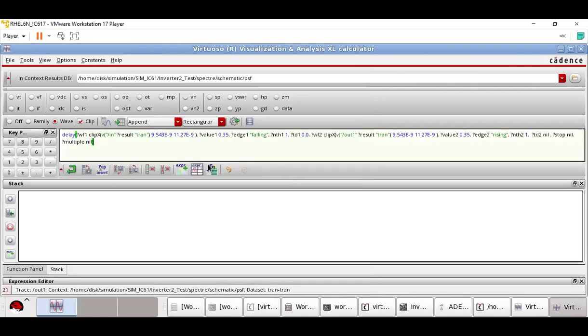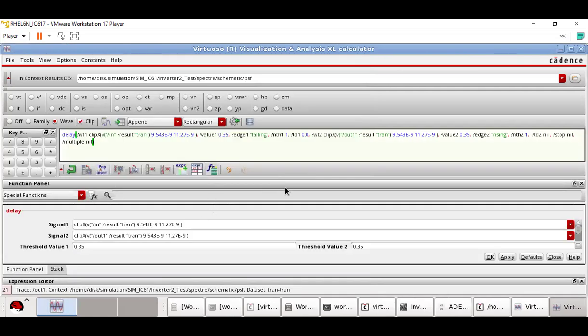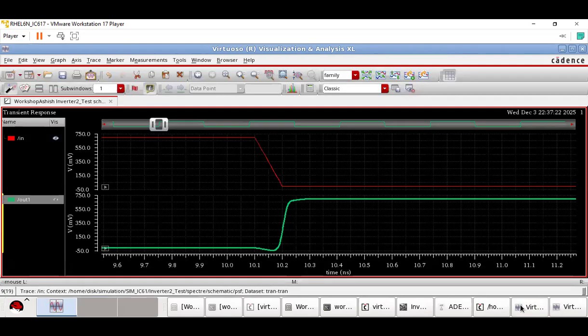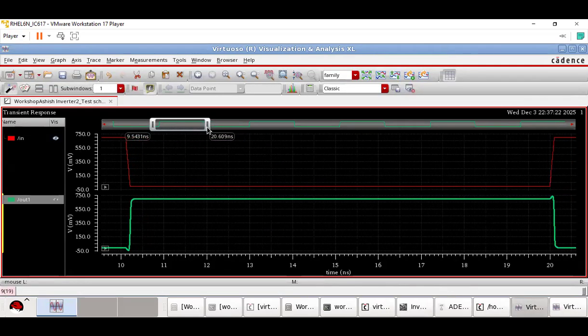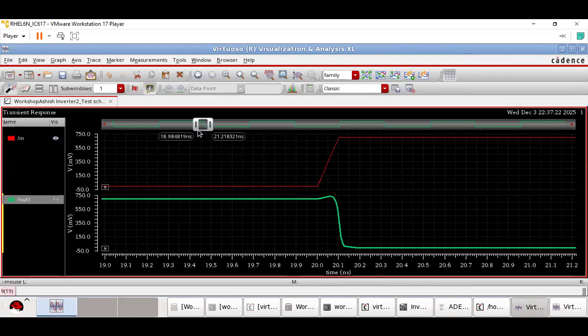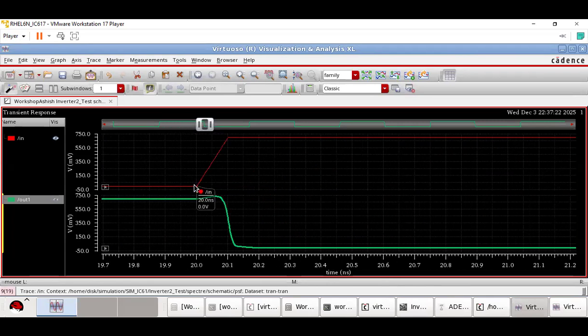Now my question is opposite so that you can understand it again. I want the input is rising, output is falling. Input is rising, output is falling. Then what will be your output?